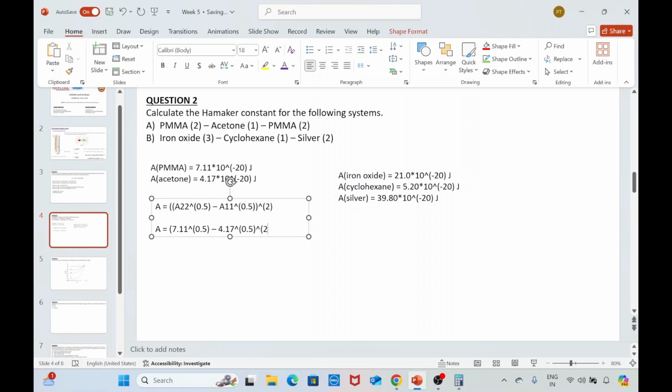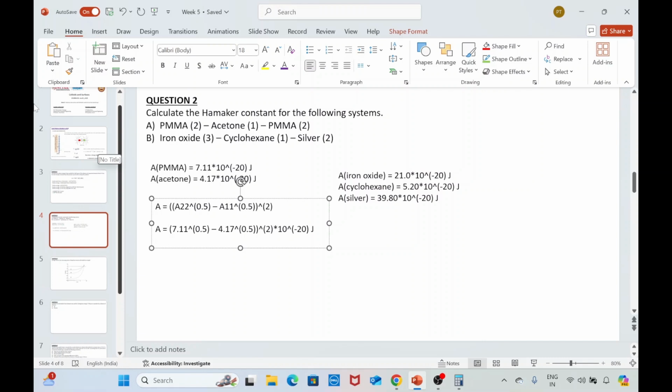If you see here, I have taken that 10 to the power minus 20 factor common out of that expression, because each term has 10 to the power minus 20 as common.